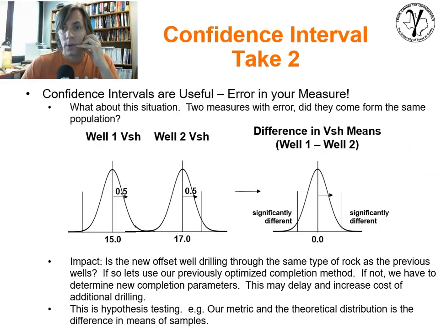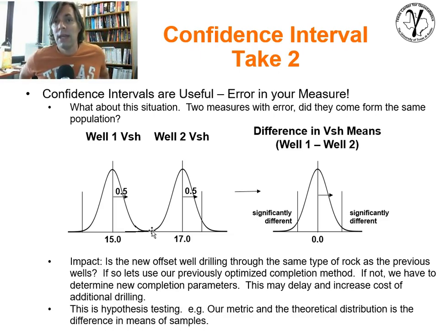So they're very useful. I mentioned this before. If you have confidence intervals, there's so much you can do with them. For instance, what if we have this problem where we have two wells with different V shale, fraction of shale, well 1, well 2, 15% and 17%. If you did not provide confidence intervals, I would not be able to tell if those wells are significantly different from each other.